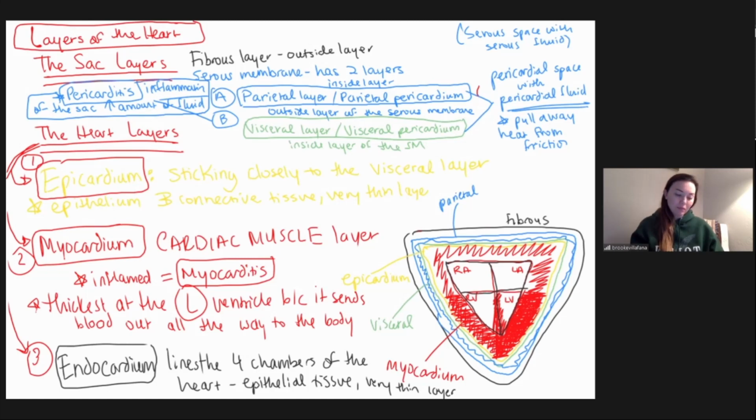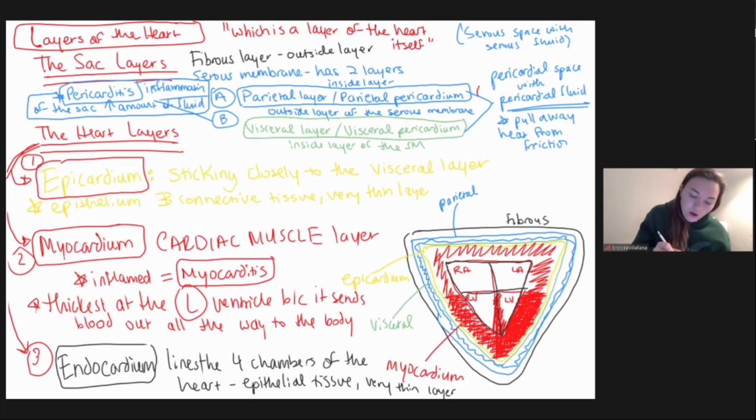Okay? So on the test, for questions about the heart, we want to be able to use the wording of which of these is not a layer of the heart itself, or which of these is a layer of the heart itself. So the terminology that the test uses is which is a layer of the heart itself.